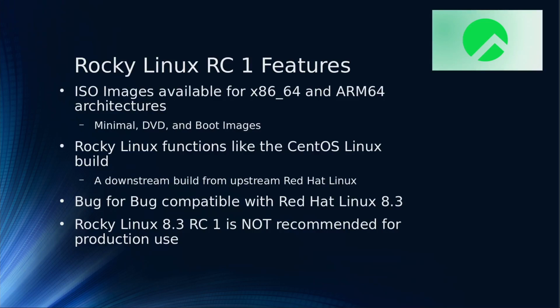There are three current versions of the ISO. There is minimal, and DVD and boot images. And of course, minimal allows you to bring up just a core set of functionality for the operating system, and that allows you then to tailor the fit of the applications and software that your particular server may need.